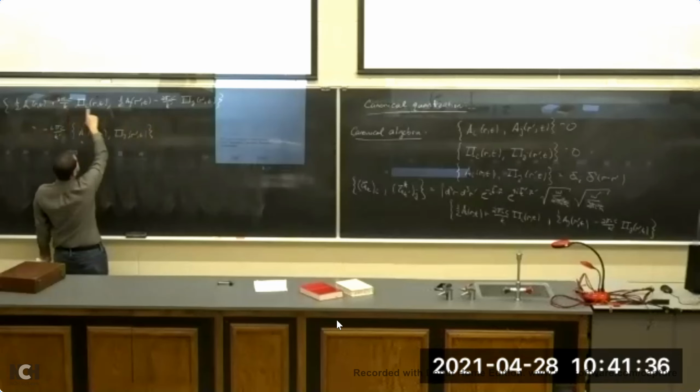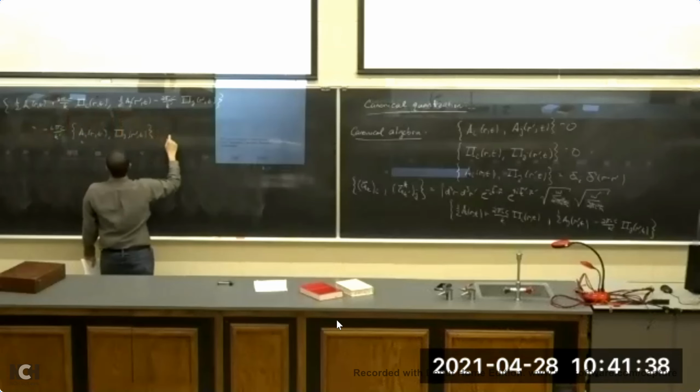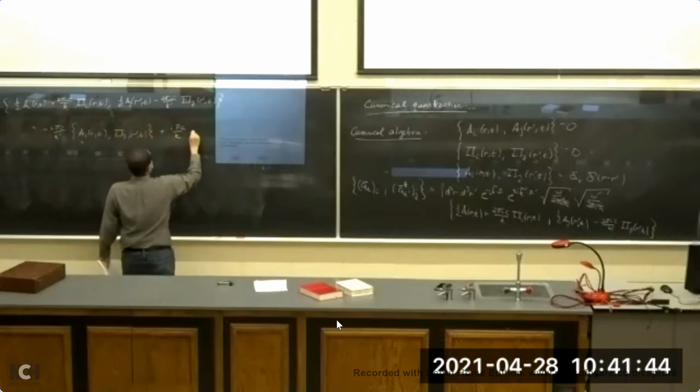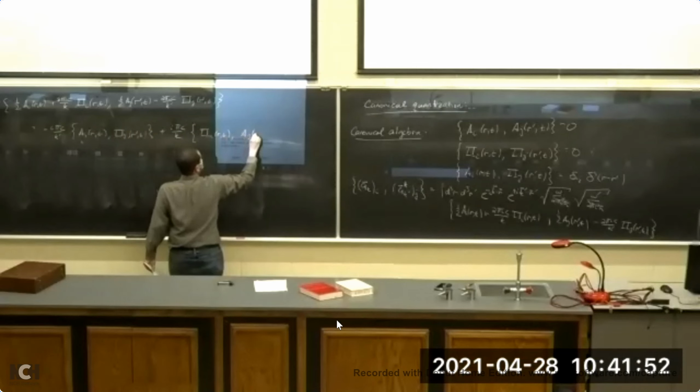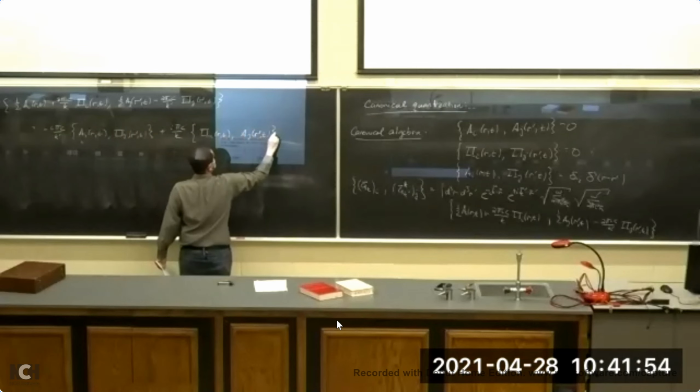The other cross term is this one with that one, which is plus i pi c divided by k, Poisson bracket of pi_i of r and t with a_j of r prime and t.